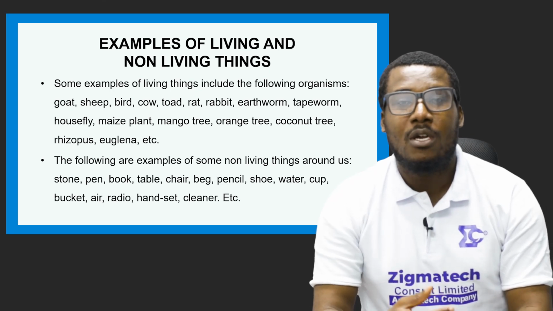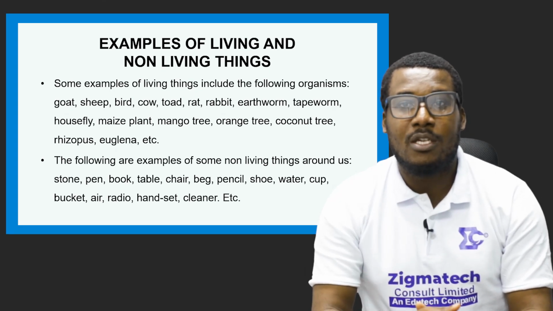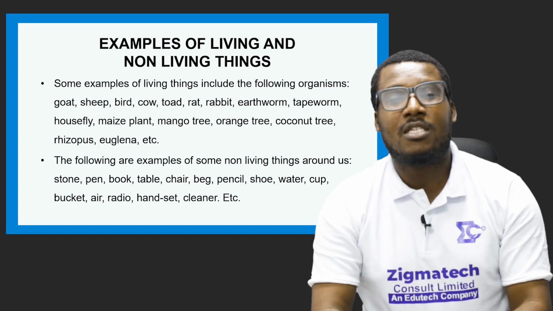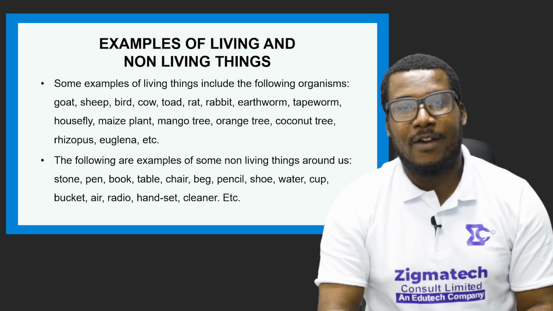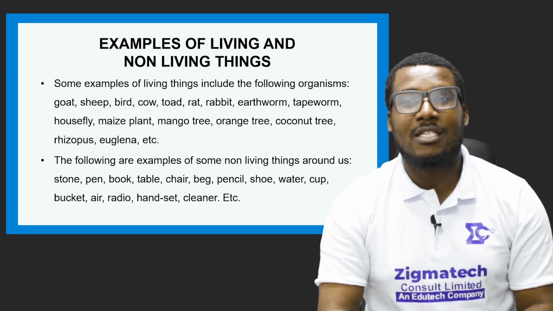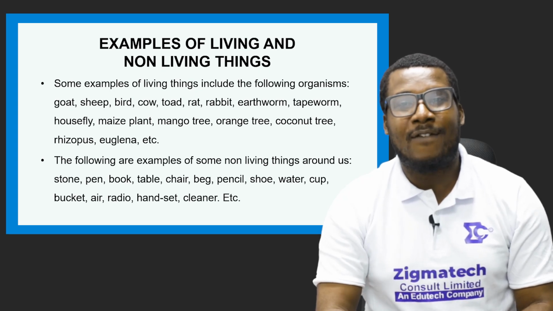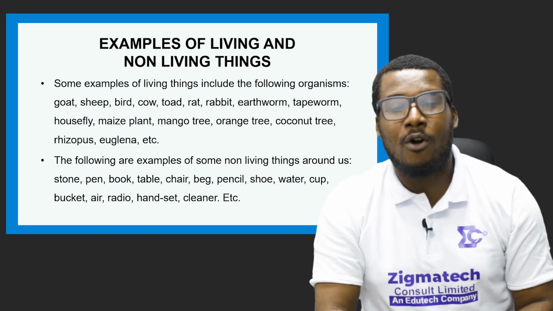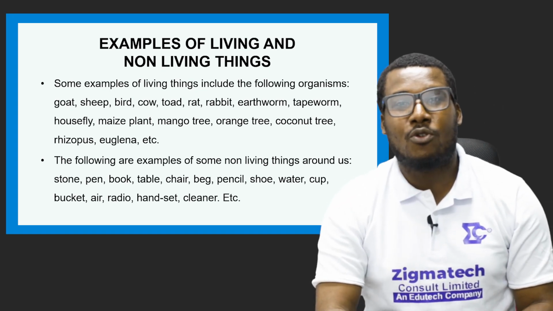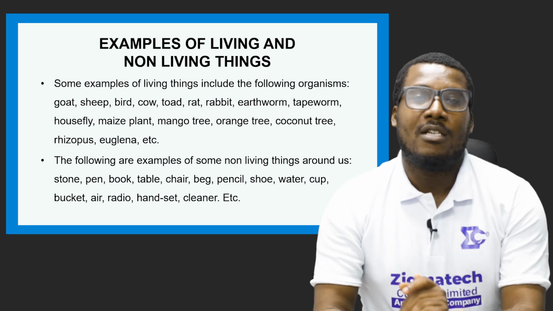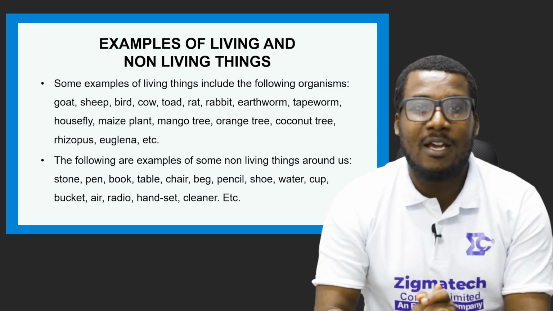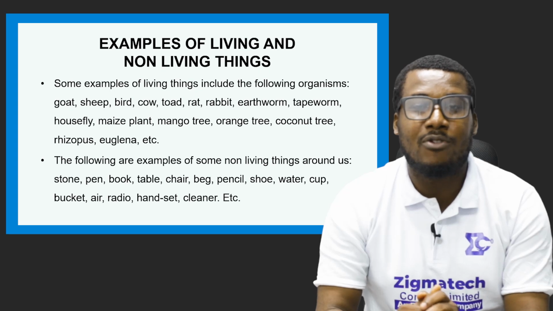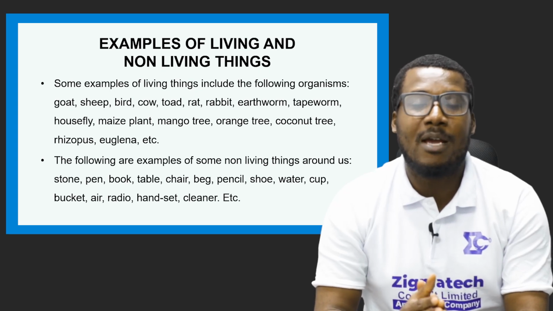Take, for example, in the year 2020, planet Earth was hit with a new type of infectious disease known as coronavirus, famously referred to as COVID-19. Now, this infectious disease was a transmittable, or communicable, disease.